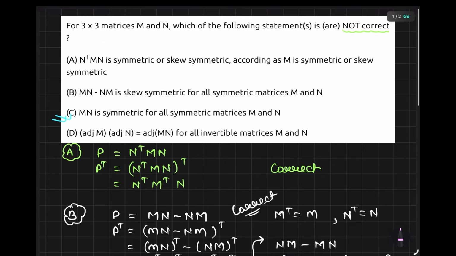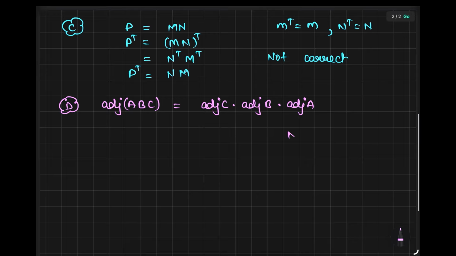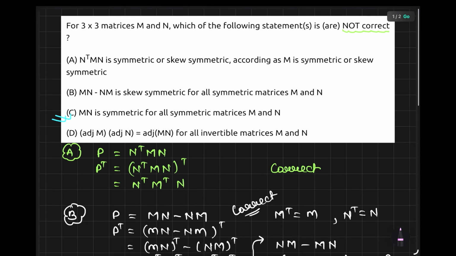But here they are giving adjoint of MN. So we should write adjoint of N first, then adjoint of M. But they are writing something different, so this option is also wrong, also not correct. According to the question, not correct is the favorable option, so we have to mark these two options. So option C and option D are the correct choices for the given question.